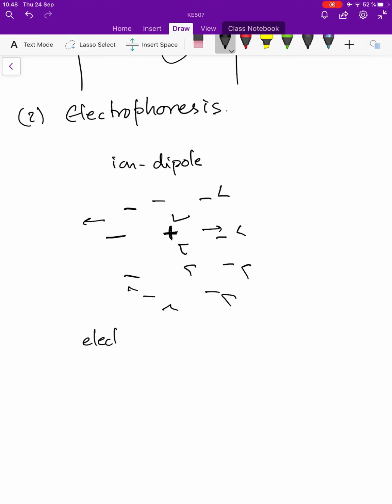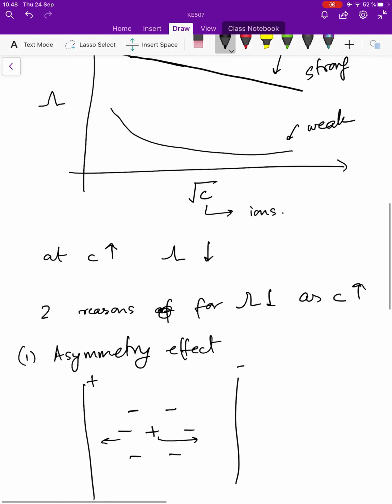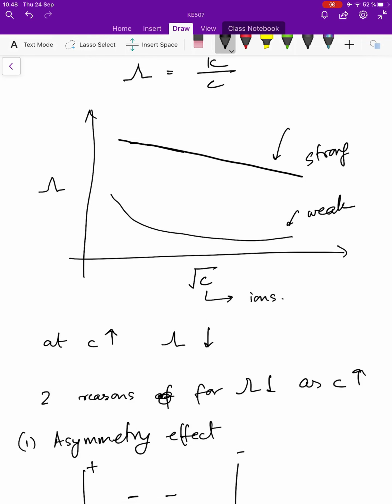And this is an electrophoretic effect. So this is why the conductivity of a strong electrolyte decreases as you increase the concentration.